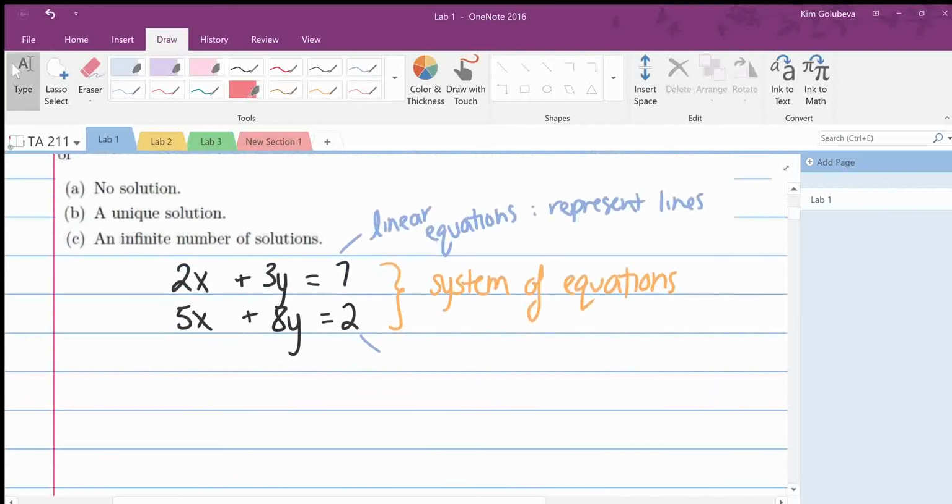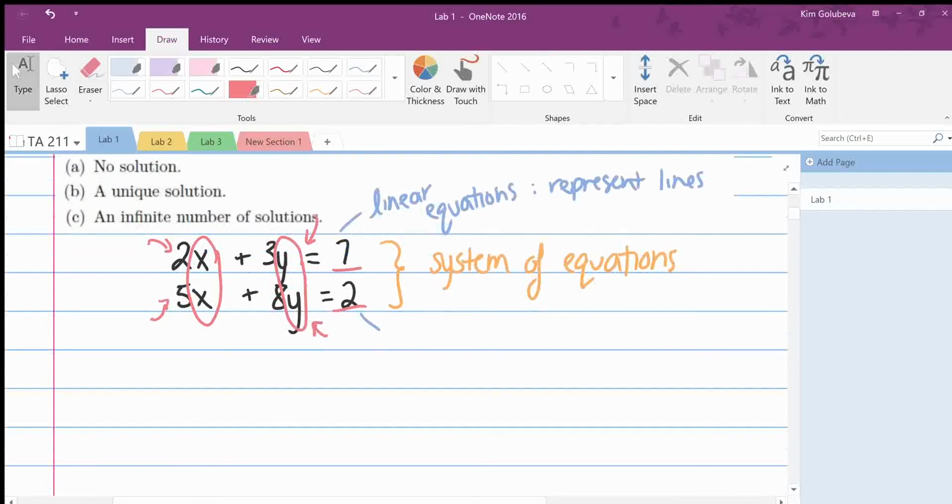So essentially to solve a system means that you're looking for an x and a y value that works in both equations. So you're looking for an x value that you can plug into both of these equations, and a y value that you can plug into both of these equations to get their respective answers.